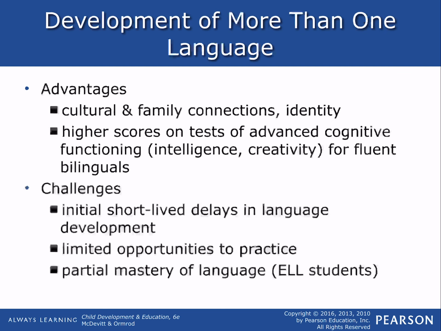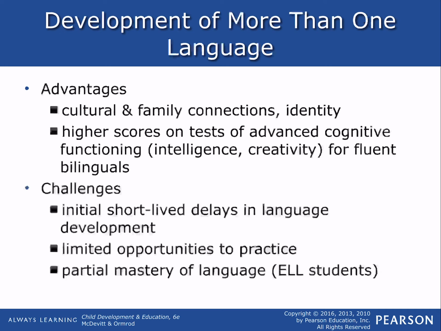All right, so the advantages, obviously, of developing more than one language. Cultural and family connections and identity. So if you learn the language of your heritage, even though maybe you are third generation American born, you may want to learn Spanish because your family was originally from Spain or anywhere in Latin America.